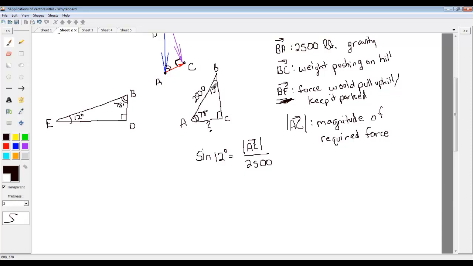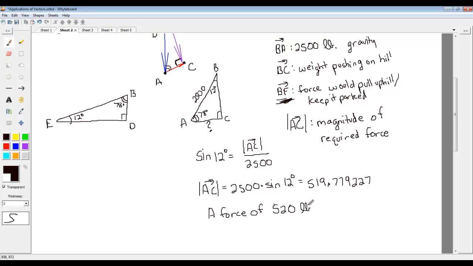So just use the fact that sine is opposite over hypotenuse. Yay! So the magnitude of AC is going to equal 2,500 times the sine of 12 degrees. Make sure your calculator's in degree mode. Don't forget that part. You're going to get this crazy decimal, 519.779227. But you can go ahead and round that and say a force of 520 pounds would keep the car from rolling down the hill.